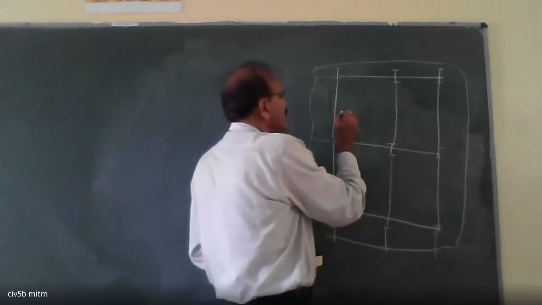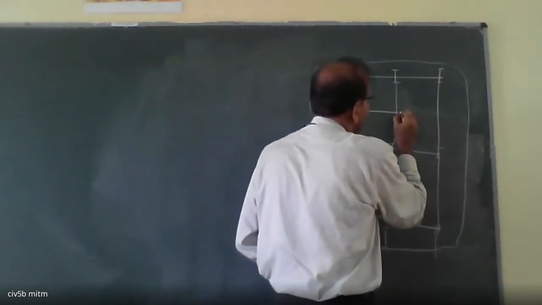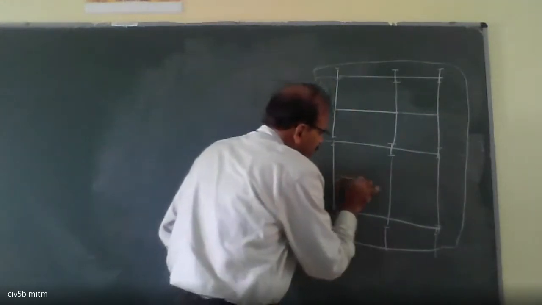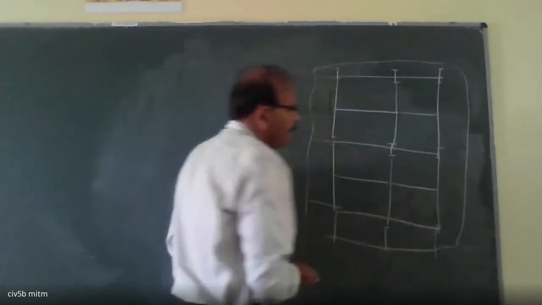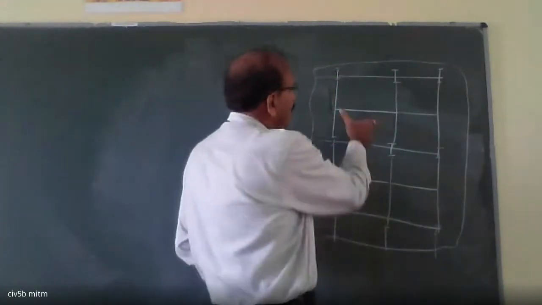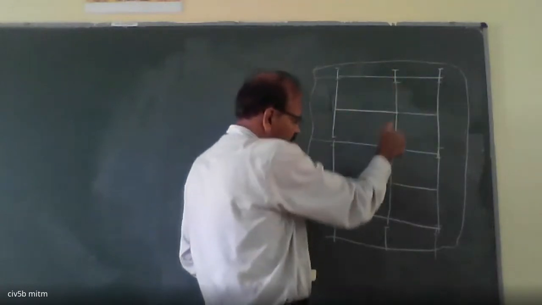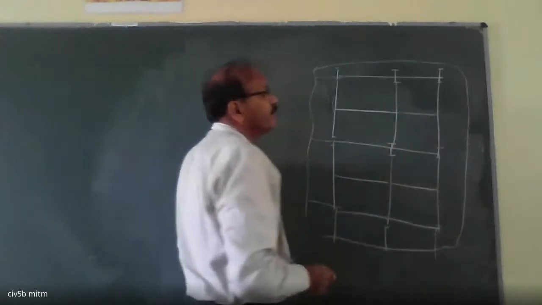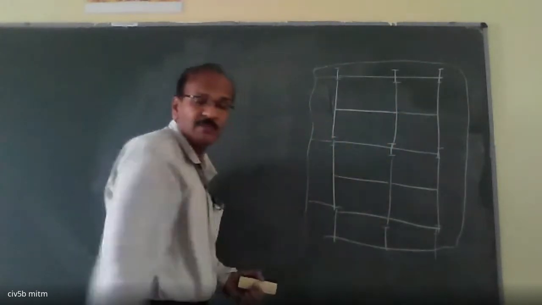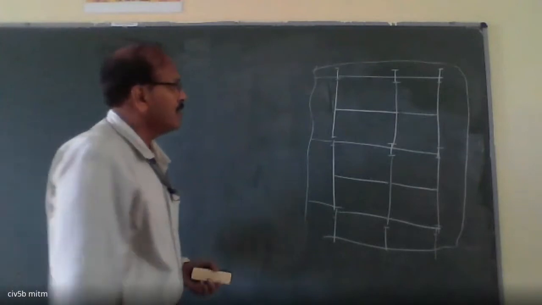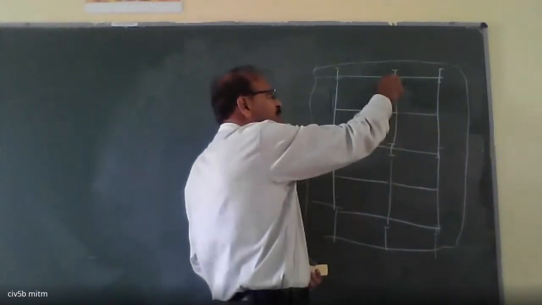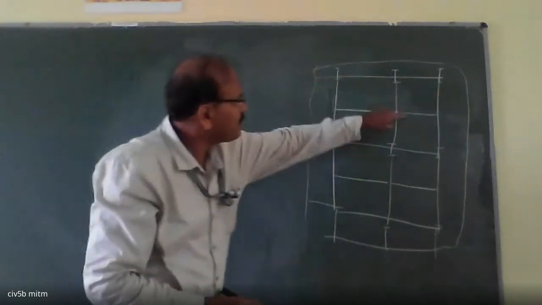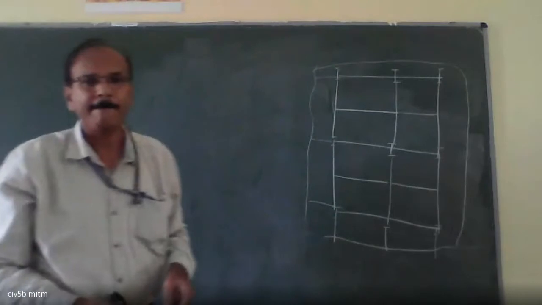Let us consider some more beams sitting on the main beams. So again, another beam, and this beam is sitting on this main beam, and also this beam is sitting on this beam. Similarly here and further. As far as this beam is concerned, these beams are sitting on the columns directly.